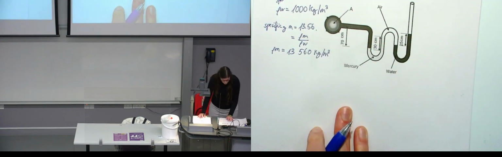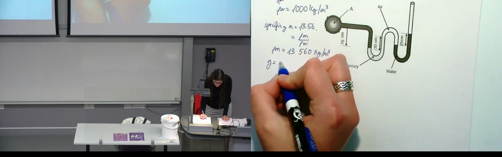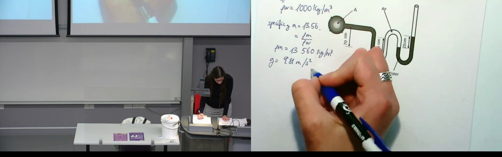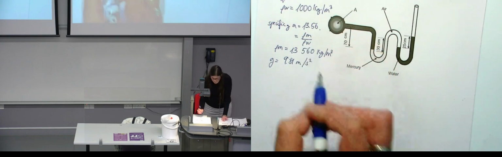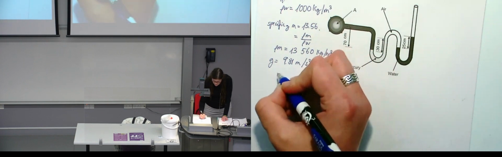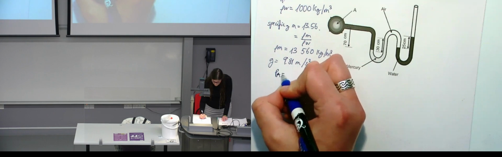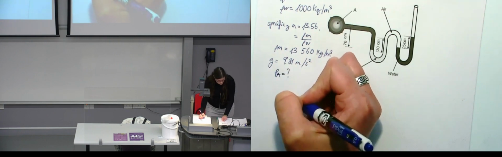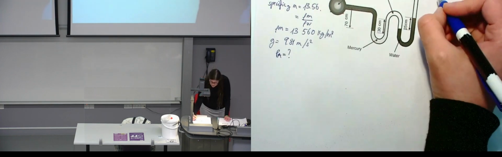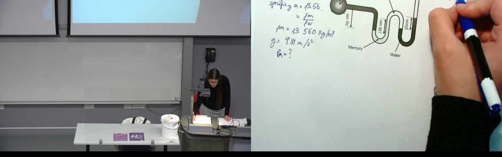We know that gravity is 9.81 meters per second squared, and we want to know the pressure at A, which I call PA. And we also know that the hydrostatic pressure P is rho g h.